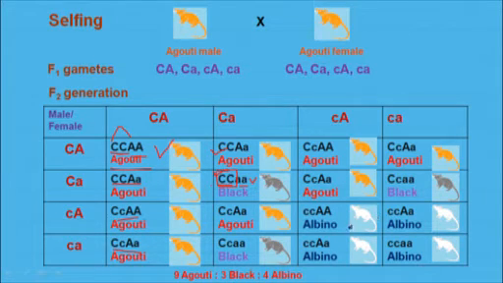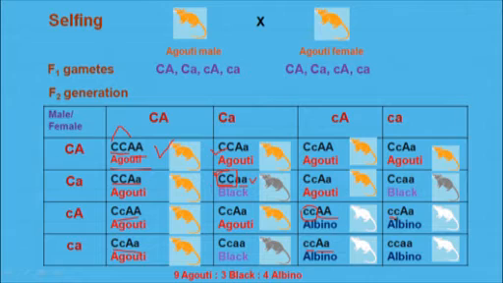But gene A gets affected due to the absence of gene C. So in these 4 different types of offspring, you can see that capital C is absent in each case.